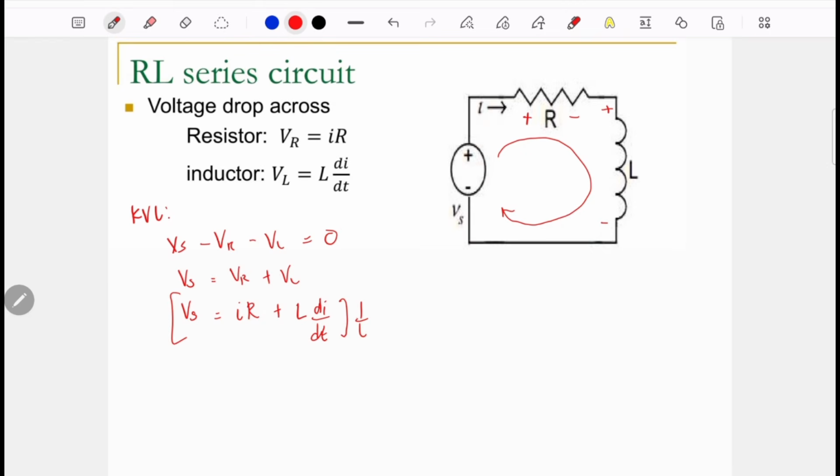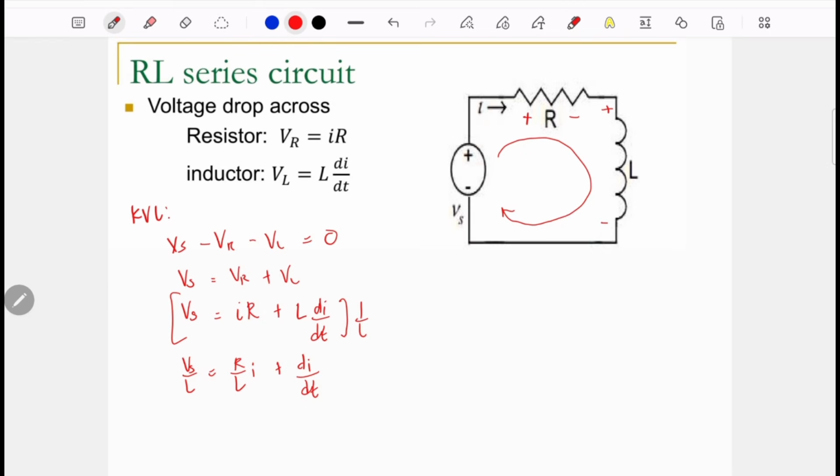So V sub S times 1 over L is V sub S over L. Then I times R times 1 over L is R over L times I. Plus L is cancelled. Then di over dt.